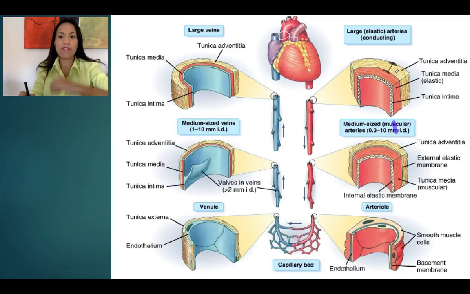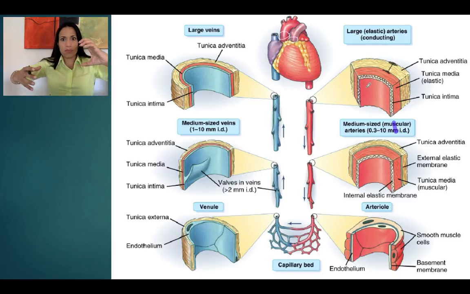And these elastic fibers, remember, can stretch and recoil. Since these arteries are so close to the heart, every time the heart contracts and pumps the blood toward these blood vessels, these types of arteries can stretch to accommodate the pressure of that heartbeat.